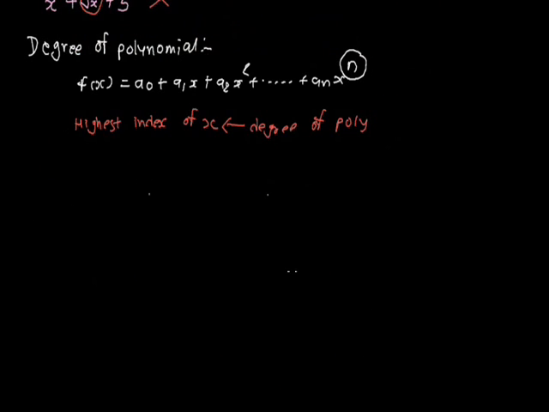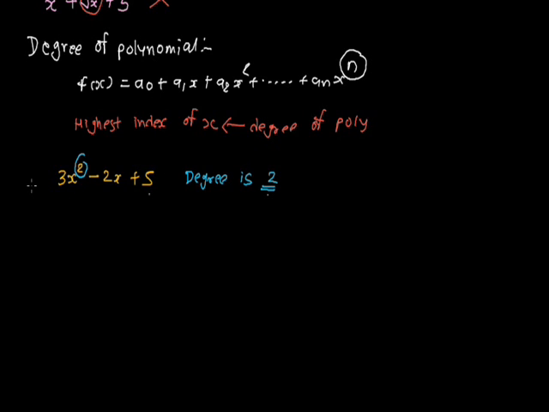Now we see one example. For example, 3x square minus 2x plus 5. Now this is a polynomial by the definition, and the highest index of x is 2. Hence we can say that the degree of that polynomial is 2.